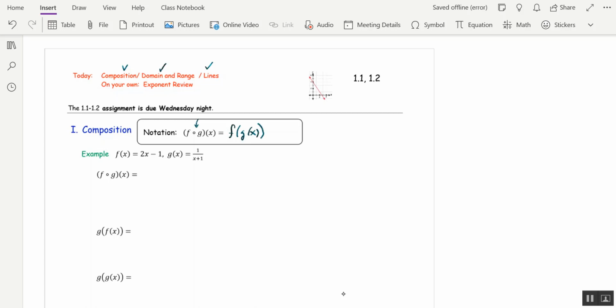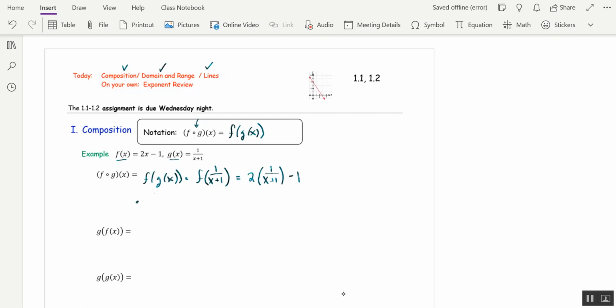So let's look at an example where I've got an f and a g, and I want f of g of x to begin with. So that's f of, now I'm going to put in g, 1 over x plus 1. Now f says, take what's in the parentheses, multiply it by 2, and then subtract 1.